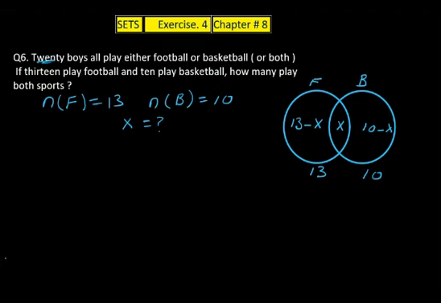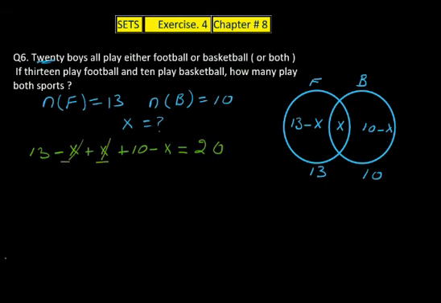So let's find the equation. It will be 13 minus x plus x plus 10 minus x equals, we know the total boys are 20, so it will be equal to 20. If you add all these boys, that must be equal to 20. Now let's simplify what we can.